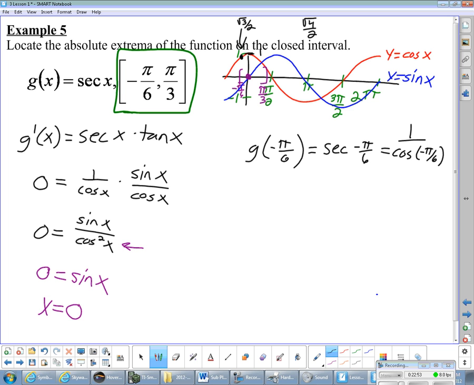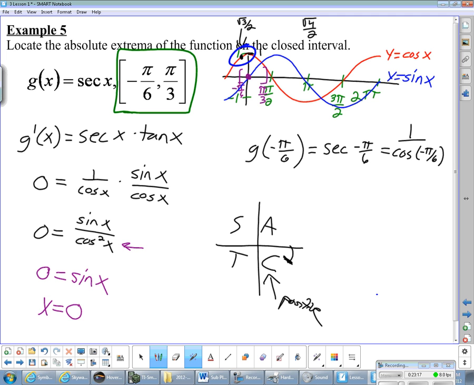Is it positive or negative? You could look at the quadrants and go, all students take calculus, and understand that negative pi over 6 would be right here on the unit circle. So cosine is positive. But you really don't have to look at that, because you could look at the graph up here and understand that it is up in the positive realm.